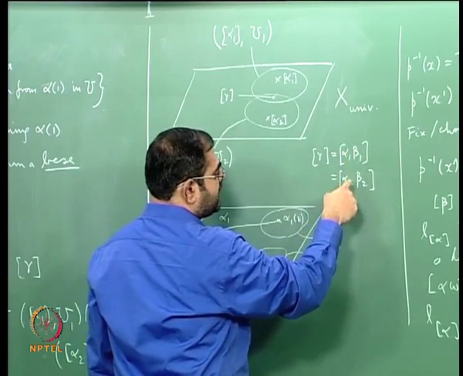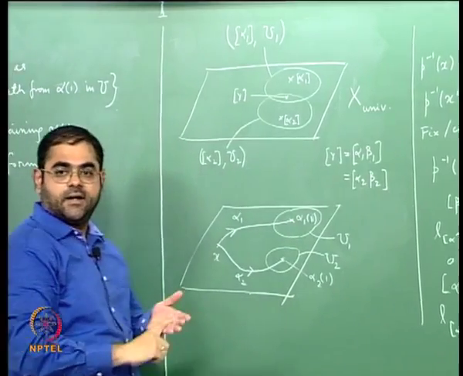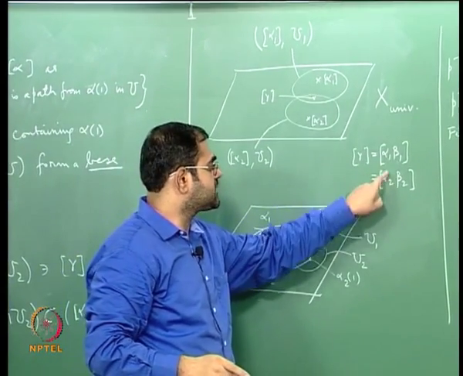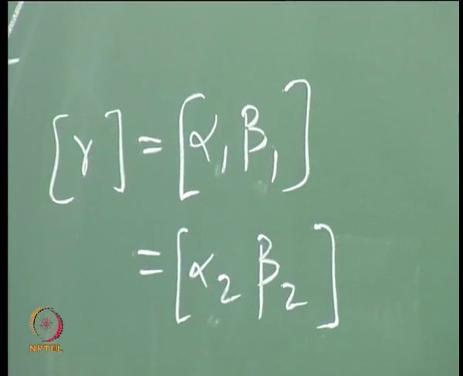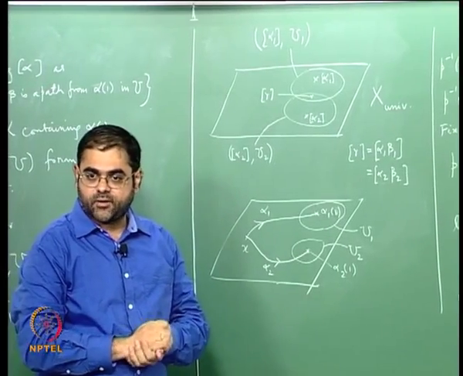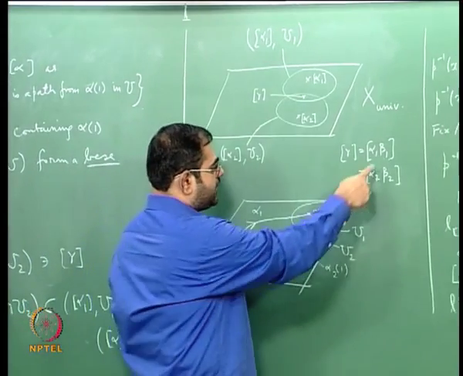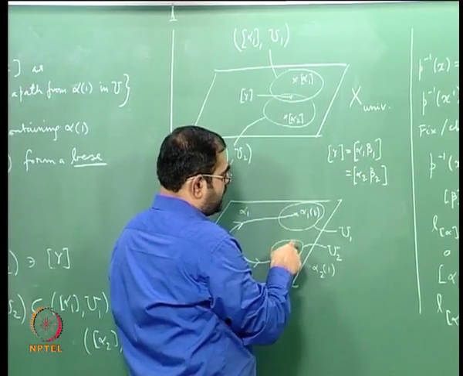And saying that these two homotopy equivalence classes are the same would tell you that the endpoints of these paths are the same because it is fixed endpoint homotopy, and that would mean that the endpoints of these have to be in the intersection of u1 and u2.